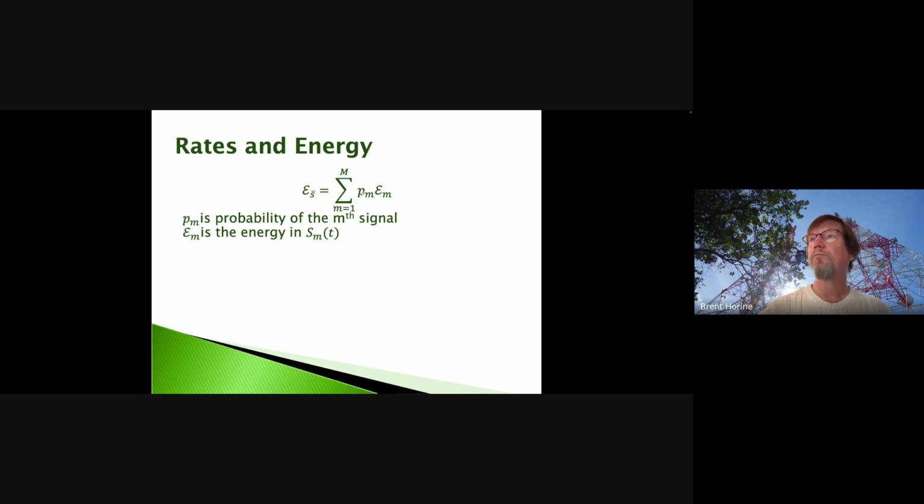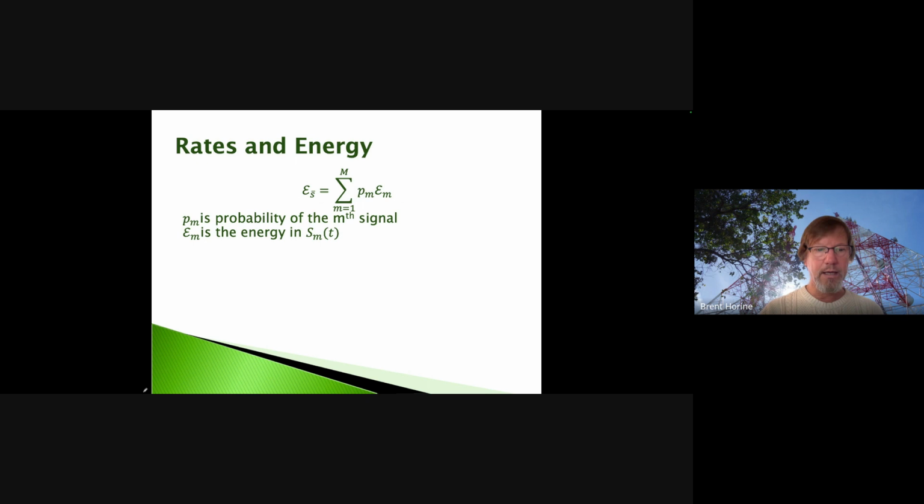We can break that up into the M different ones, look at the different energies associated with those, and then scale those by the probability. Maybe they're all equally probable. If M is equal to 4, then P sub m might be 0.25, 0.25, 0.25, 0.25 for all of those. They might be equally probable, but not necessarily, and we need to be able to handle mathematically the case where they're not. This will give us the average energy of the set of symbols.